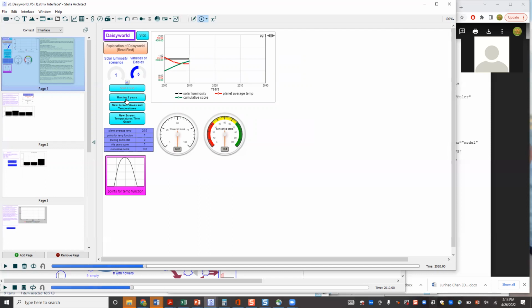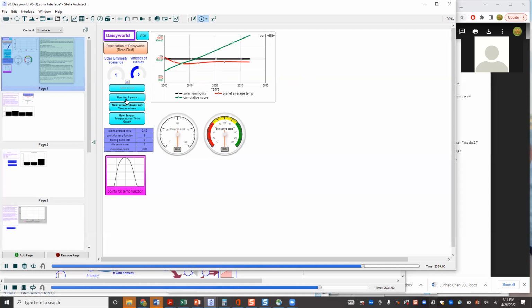I'm just clicking run for 2 years, and then it's stabilizing. And you can see it's achieving some sort of stable state. So this is sort of my baseline condition where I started the planet with a certain solar luminosity.